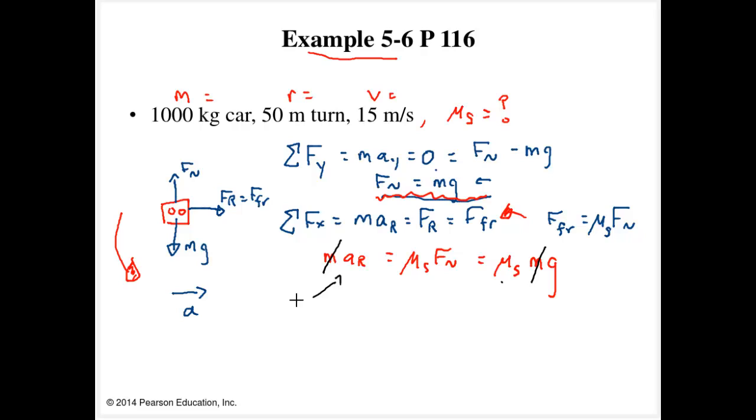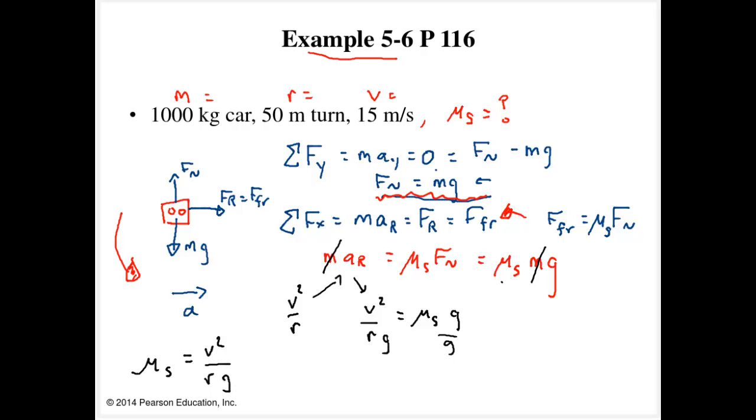Now, I don't necessarily know what the radial acceleration is, but I know that it's equal to v squared divided by the radius, and I know what the two of these are, so I'm going to write this now as v squared divided by the radius is equal to mu sub s multiplied by gravity, and I can divide both sides by gravity just like that, and I come up at the end of the day by saying mu sub s must be equal to v squared divided by the radius multiplied by gravity.